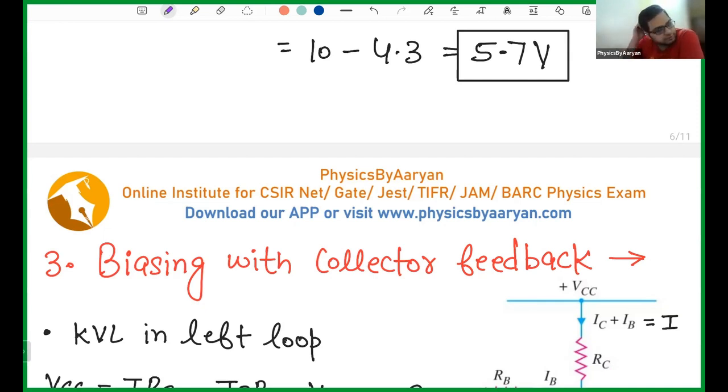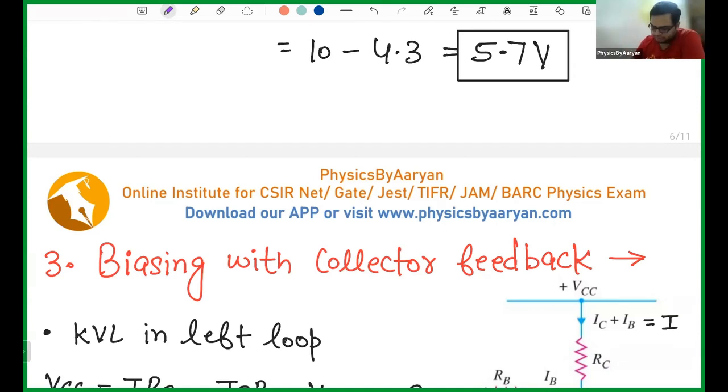The first two methods were very easy to obtain. You can easily find and use those transistors. But the problem is that if your temperature or some parameters change, the transistor will become very unstable. There is something known as thermal runaway. If you do a more advanced electronics course, you will know what thermal runaway is.